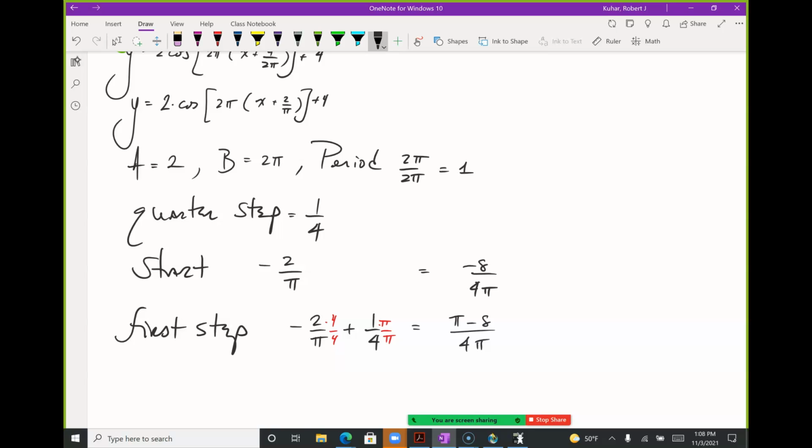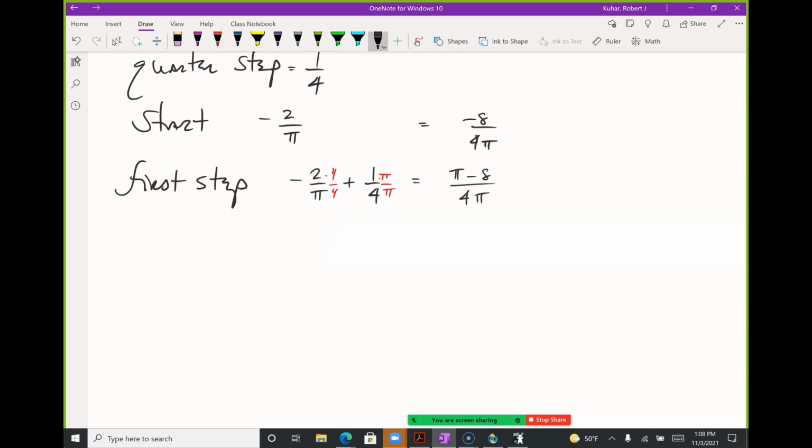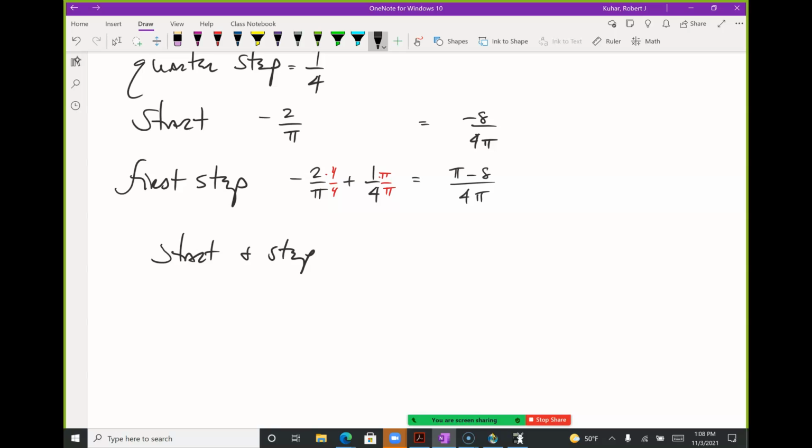So what did I add from the start to the first step? Just looking at the numerators to make it simple for you. I started at minus 8 and then I went to pi minus 8. What did I add? I added pi.